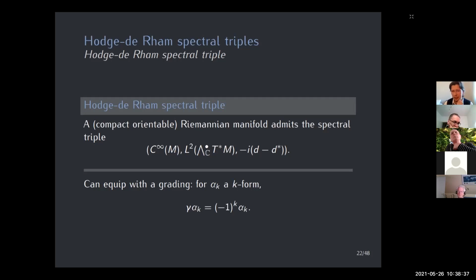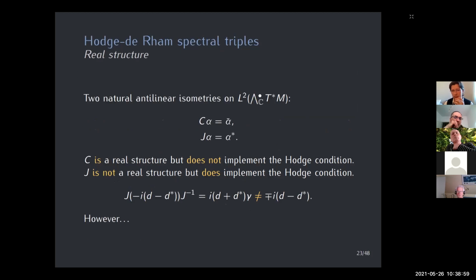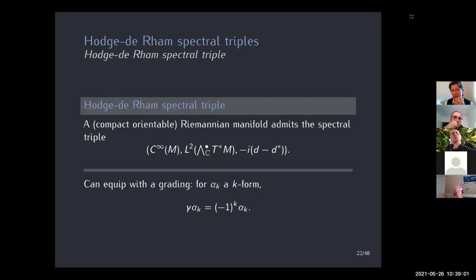I think actually, speaking off the cuff, there's a little bit more to be said on that topic, but it's one of these things I never got around to looking into in a lot of detail. For what we talked about in our paper, the twisted real structure only requires that we look at the case where the spectral triple is equipped with this particular grading, the one coming from the degree of forms.